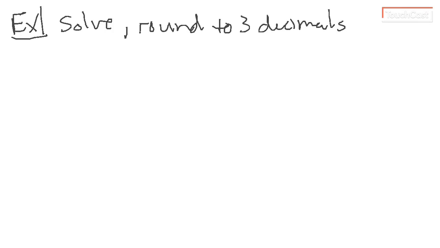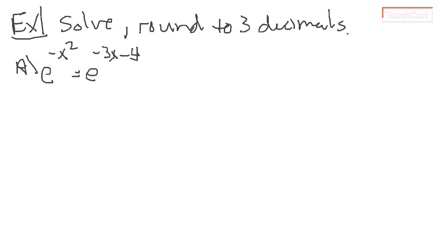So we're going to round to the thousandths place. So our first example is going to be e to the power of negative x squared equals e to the power of negative 3x minus 4.